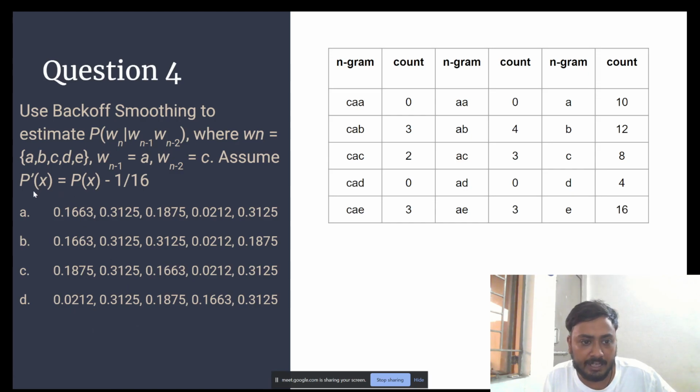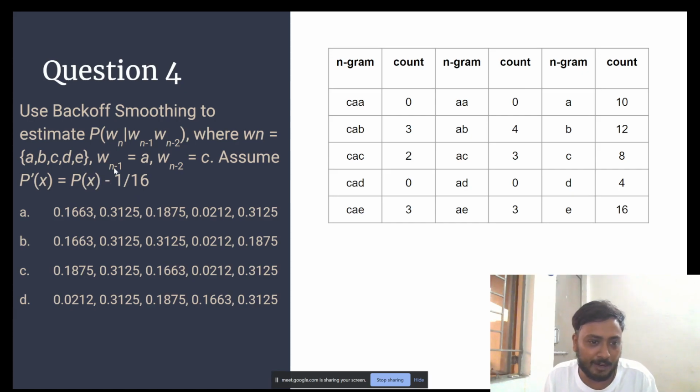Now here they have asked that assume p dash x equals px minus 1 by 16. In the slides it was written as p hat x. There was some problem in notation, so I chose this. Whatever it is, what you need to understand is that this is the discounted probability. In back off smoothing, it is the concept of taking from the rich and distributing to the poor.